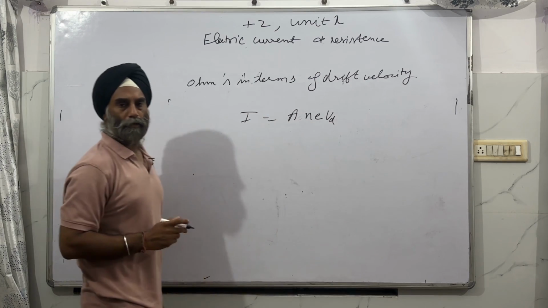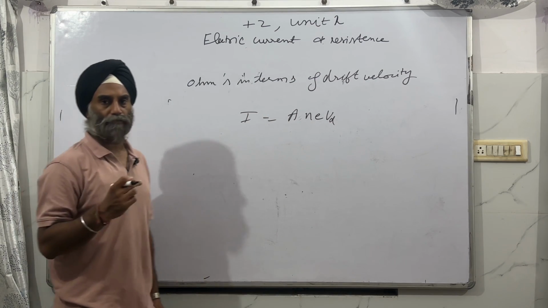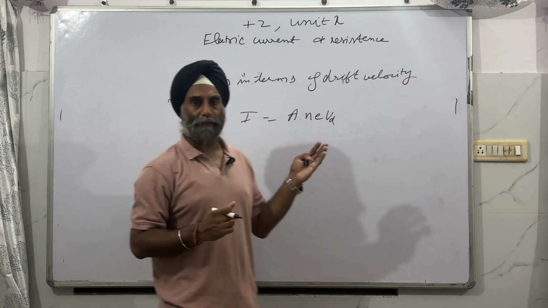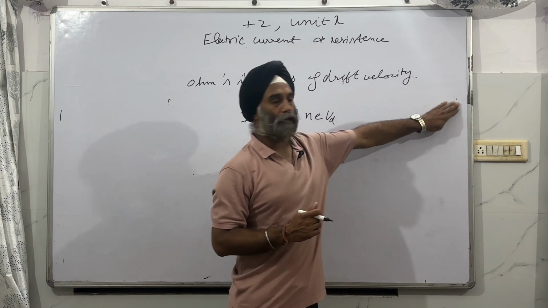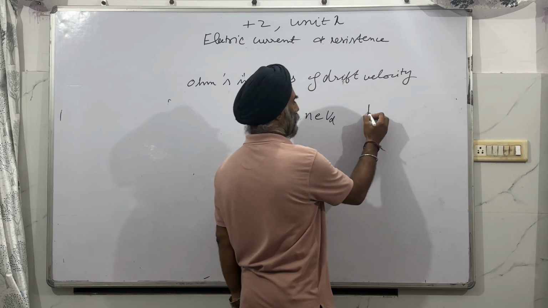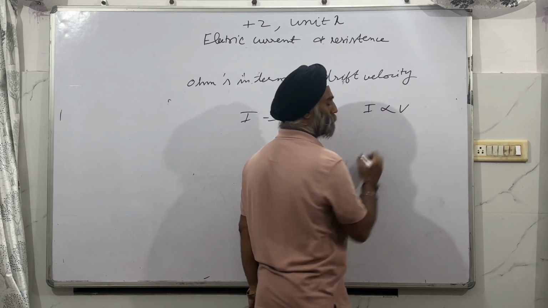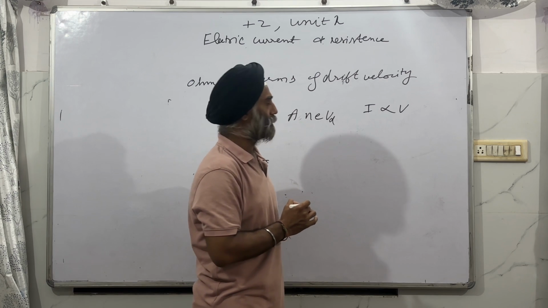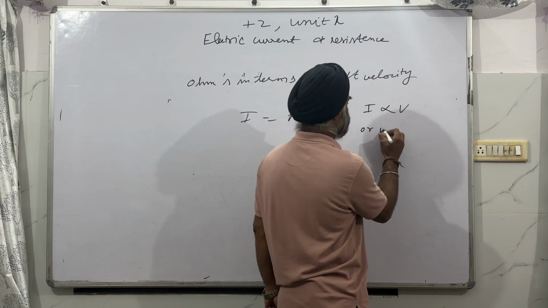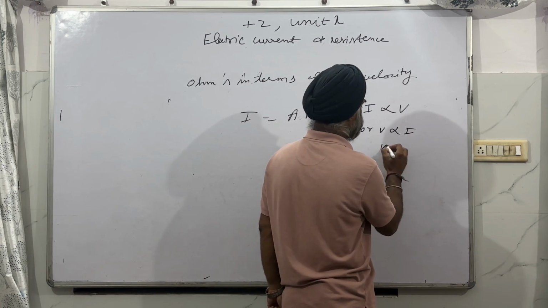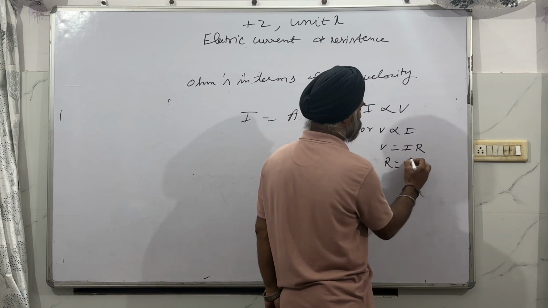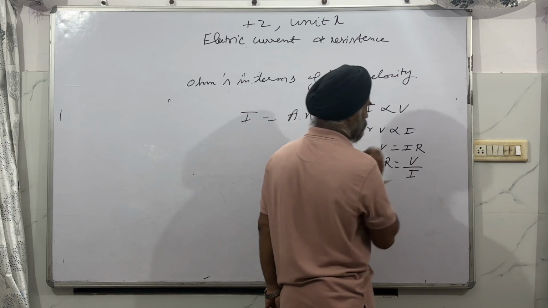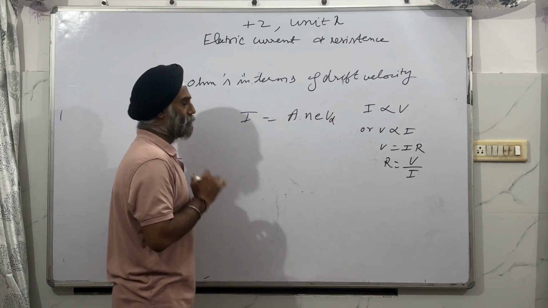Before we derive Ohm's law in terms of drift velocity, first we say what Ohm's law says. Ohm's law says that the current flowing across the two ends of the conductor I is directly proportional to V, the potential difference across the two ends of the conductor, or V is directly proportional to I. V is equal to R times I, removing the proportional symbol. R is a constant, R is V by I. We have to derive V by I.